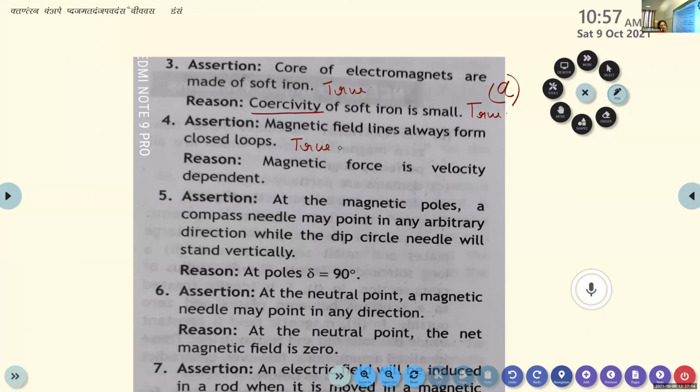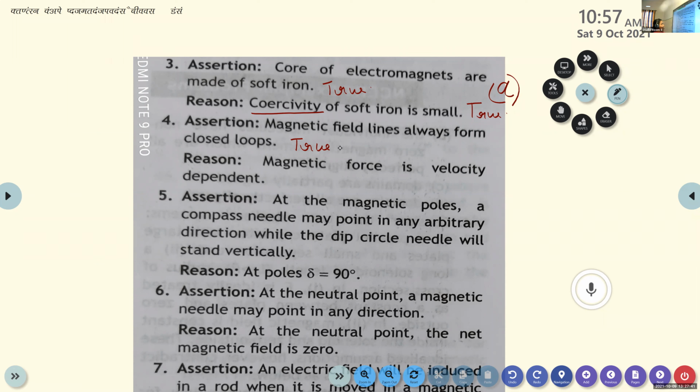Is it true or false? True. Punya, is there any explanation for your answer? Q into V cross B. Yes, okay.